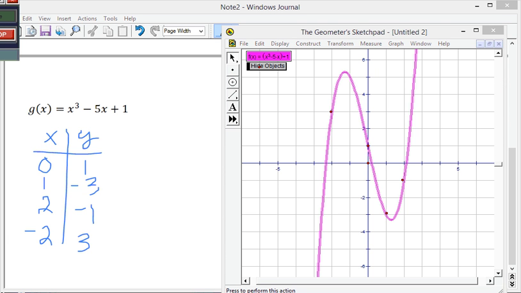So I would expect that you could take a function that you may not know a lot about, plot a few points that you can easily get, and get a pretty rough idea. Okay, I would expect you to be able to get points in order to graph something.